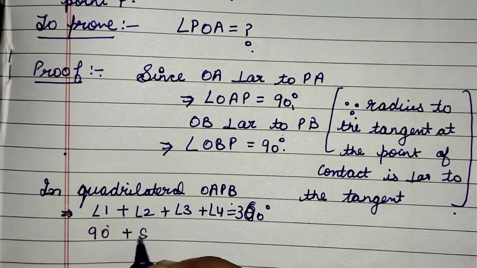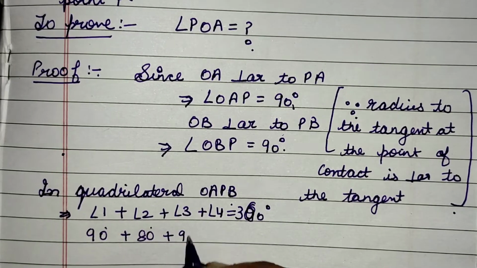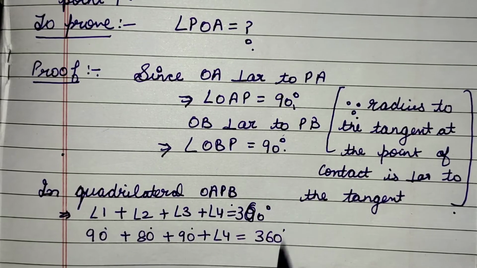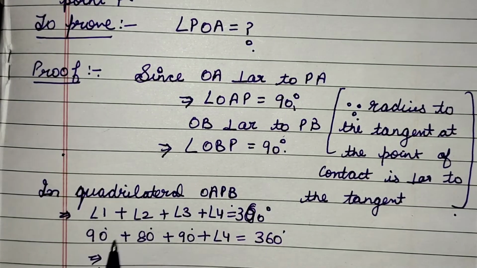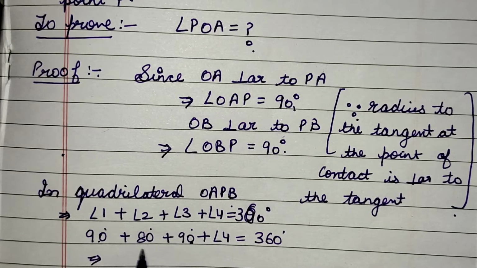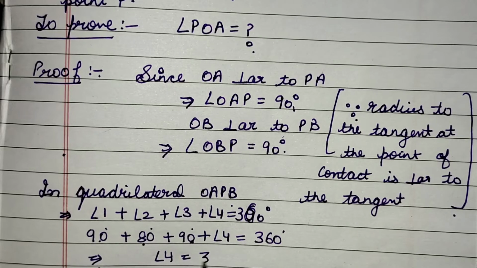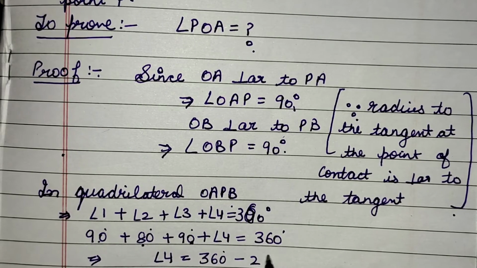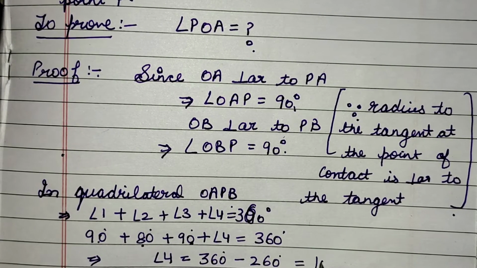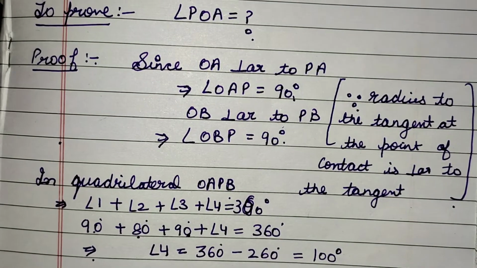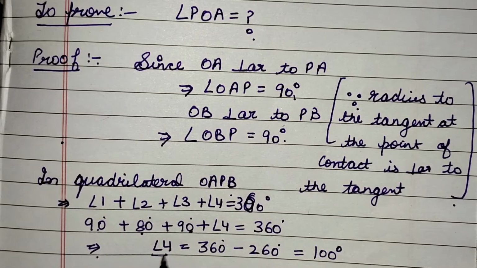90 plus 80 plus 90 plus angle 4 is equal to 360 degrees. What will it give you? 90 plus 90 is 180, 180 plus 80 is 260. When it goes to the right hand side, 360 minus 260 gives you 100 degrees, right?